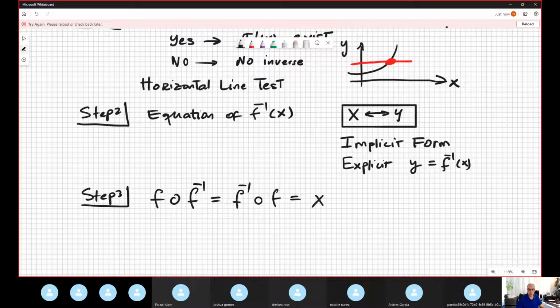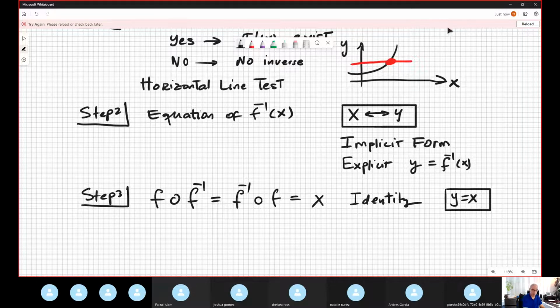And when you apply the composition, you get the identity function. Okay, the identity function is the function in which y and x are the same. That means the function is inverse when you apply them simultaneously on each other.